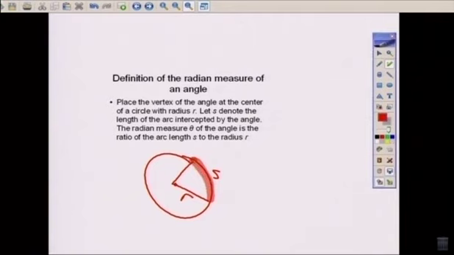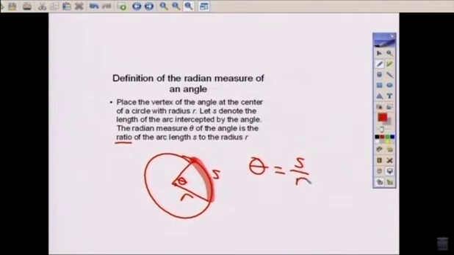Then the radian measure of angle theta, which is located right here, is the ratio of the arc length s to the radius r. So we know that theta in radians is defined as the arc length divided by the radius. So theta is equal to s over r.